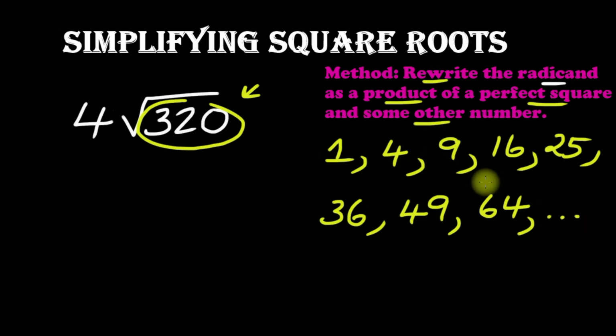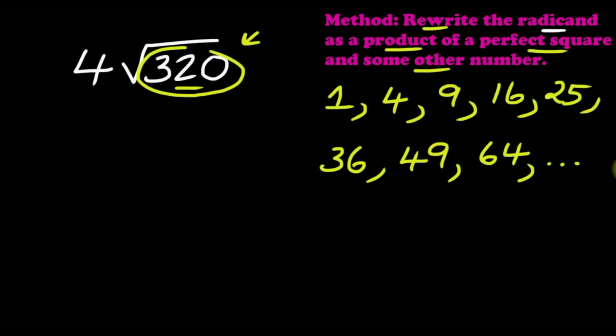Okay, so we're going to use these numbers to rewrite 320. So which one of these numbers can go into 320? And you always want to use the largest number that can go into 320 because this way you don't have to continue to simplify. And I'm going to show you what I mean by that.